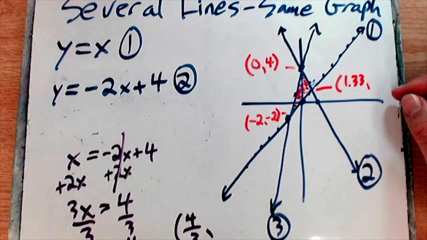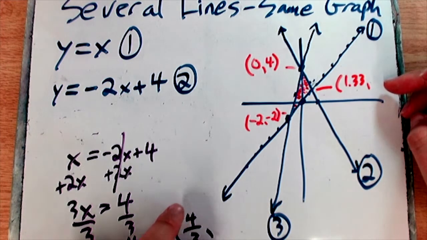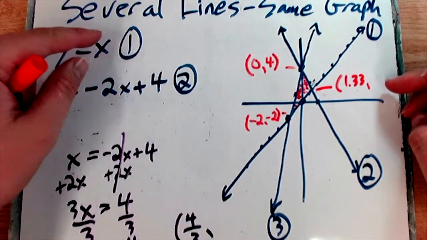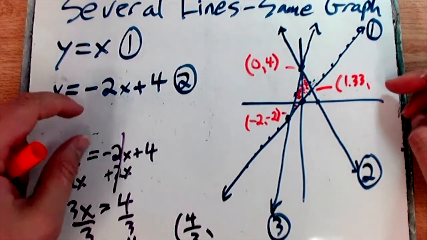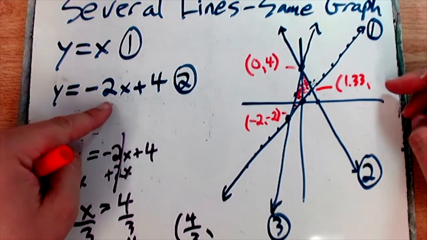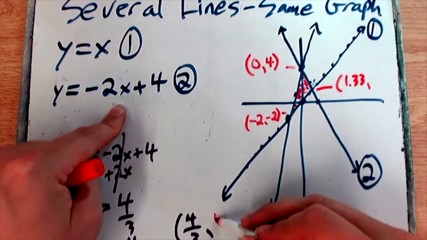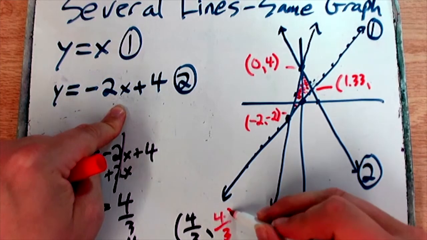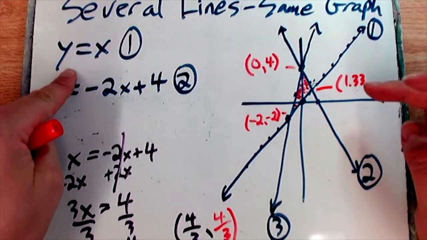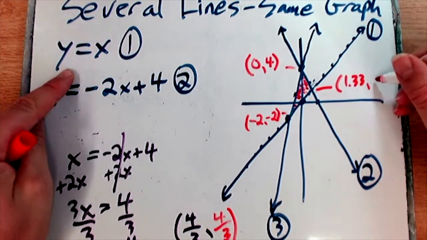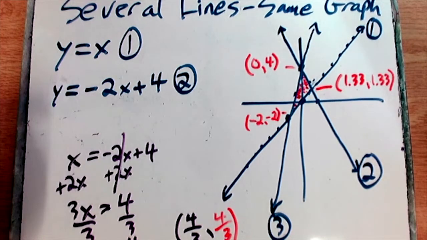So if that's 1.33, then I take that and I plug x back in to whichever of these makes sense or is the easiest. So if I plugged it in here, if you actually did the math on that, you'd get the same number, 4/3. And why? Because x is also equal to y on that line. And so this is the same value. So the y value is 1.33 as well.